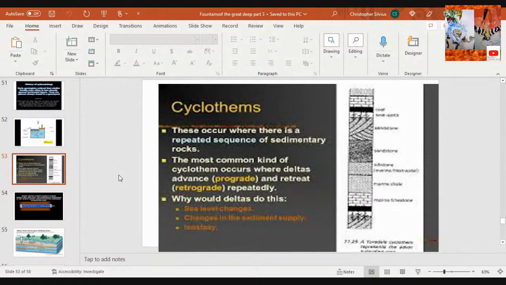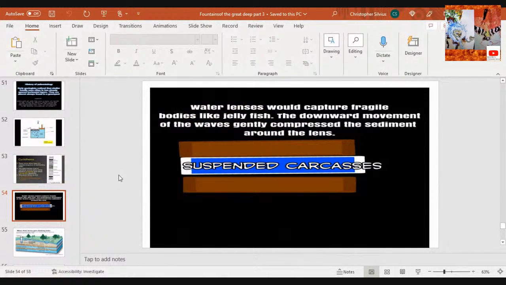Cyclothems occur where there is a repeated sequence of sedimentary rocks. Water lenses could capture fragile bodies like jellyfish. Even the downward movement of the waves gently compress the sediment around the lens. And so this is really the only way that you can explain a graveyard of fossil jellyfish.